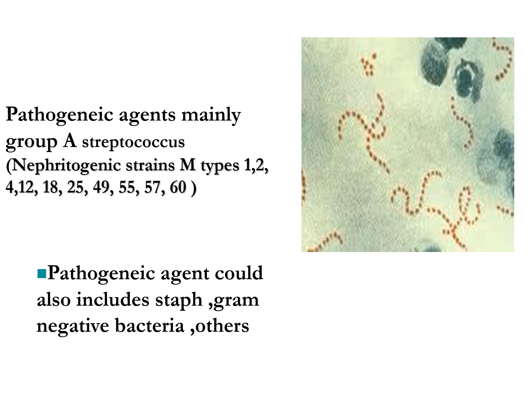This is a small picture showing the streptococci. Notice they look like a rosary. Not any type of streptococci can cause immune-mediated destruction of the glomeruli. There is a specific pathogenic strain of group A streptococci. It is called nephritogenic strains, M types which include 1, 2, 4, 12, 18.